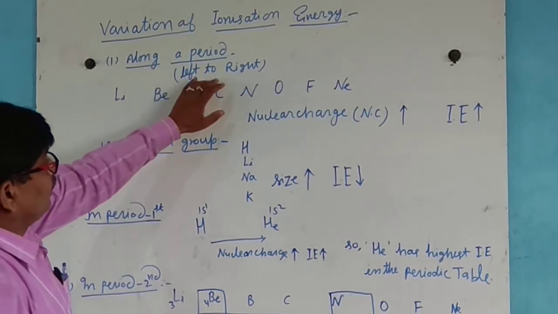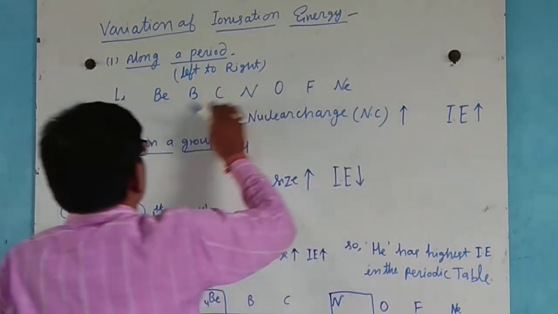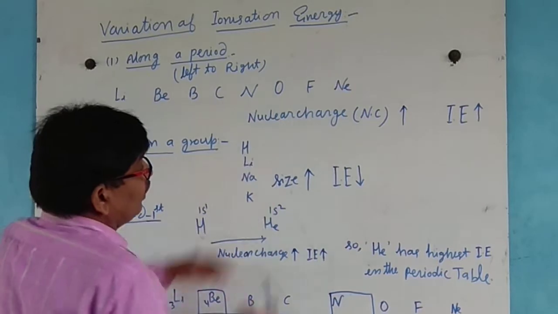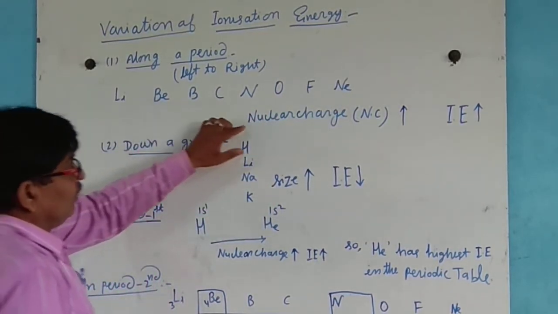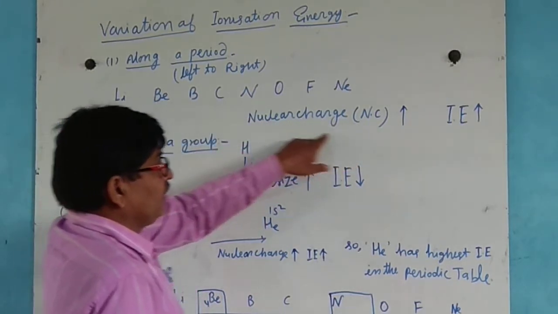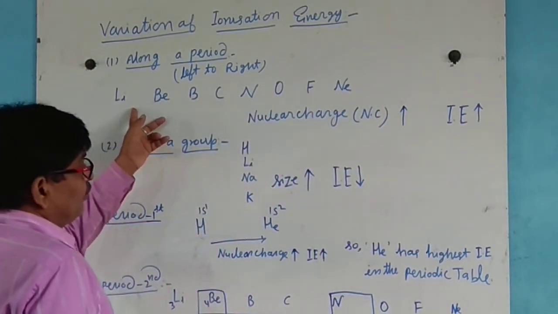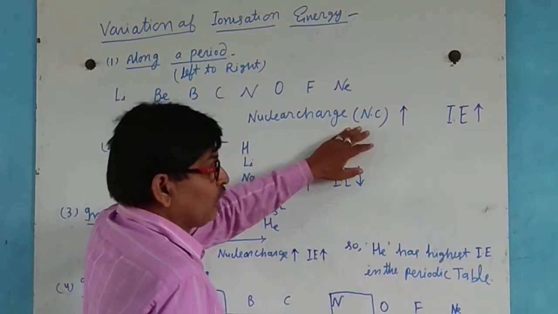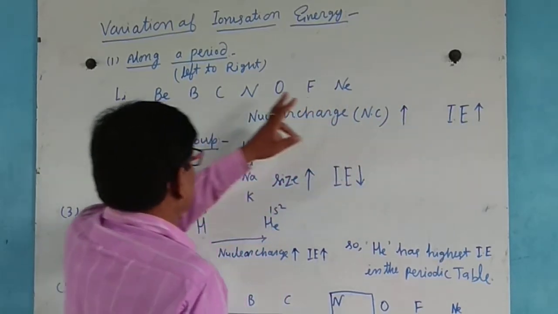Along a period from left to right: lithium, beryllium, boron, carbon, nitrogen, oxygen, fluorine, neon. In general, nuclear charge increases as we move from left to right, so ionization energy also increases.